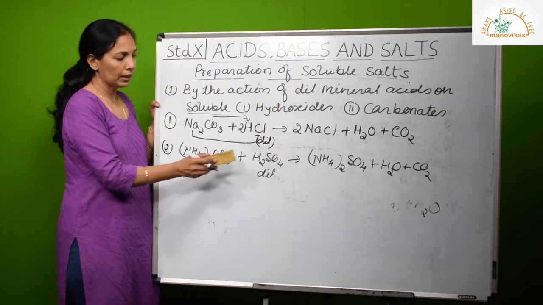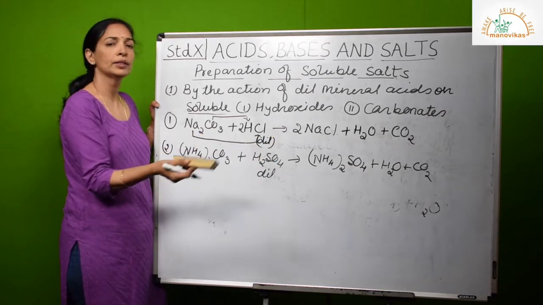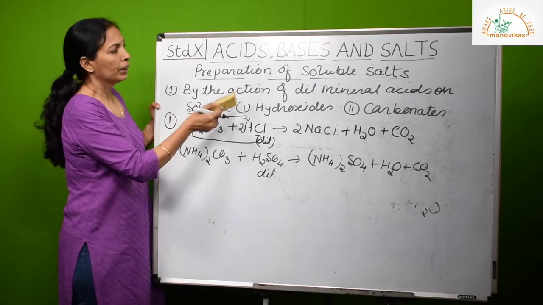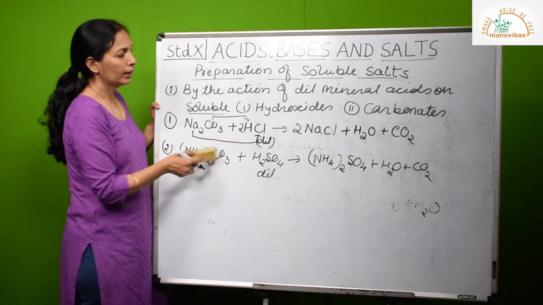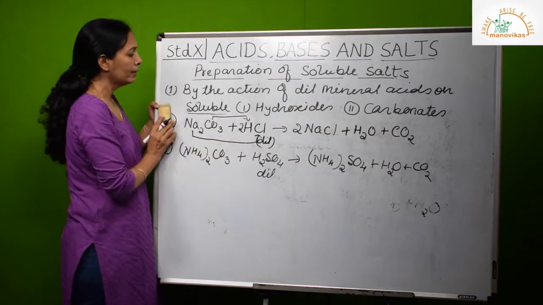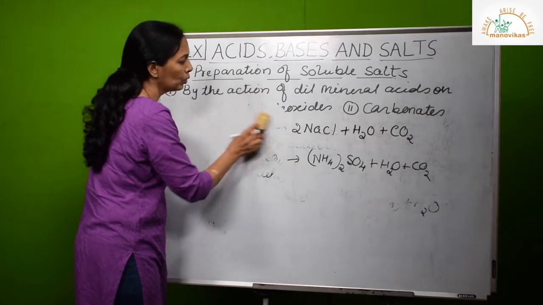When carbonates are treated with dilute mineral acids, the byproducts are H2O and CO2. Instead of H2CO3, you write like this. Okay. This is how we can prepare a soluble salt, starting with a soluble hydroxide or soluble carbonate and treating them with dilute mineral acid. So soluble to soluble.